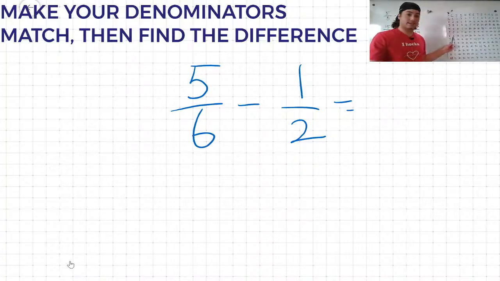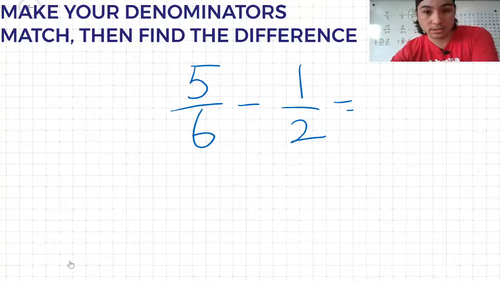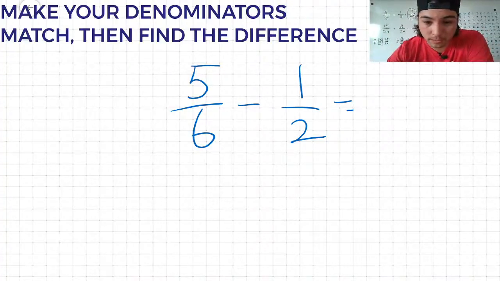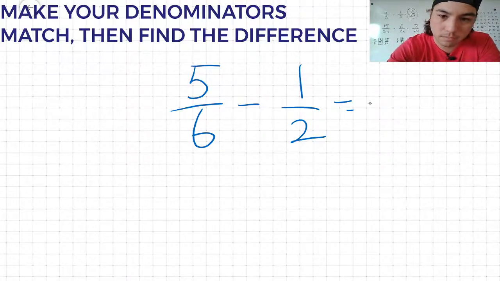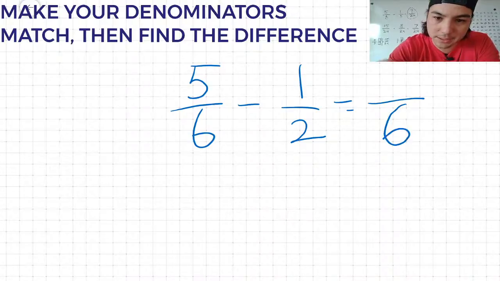Does 6 appear in the 2's row? You bet it does. So use 6ths here. Okay, the reason for that is, let's make this as simple as we can here. So we're going to use 6ths.